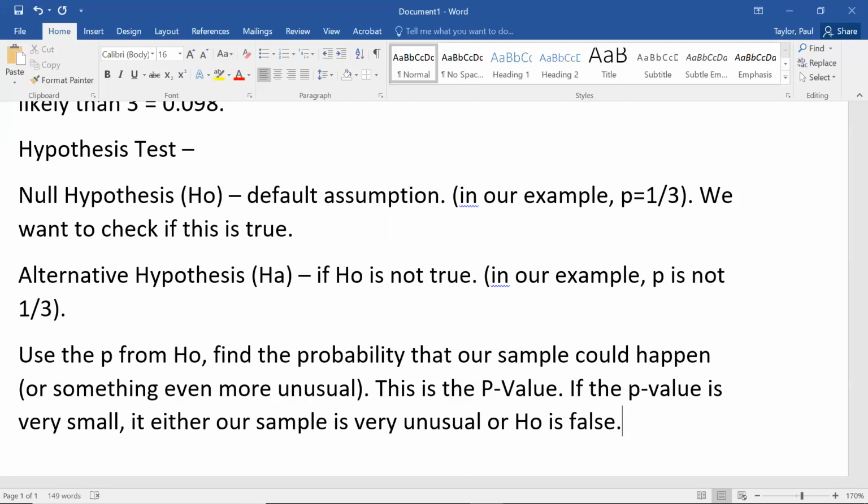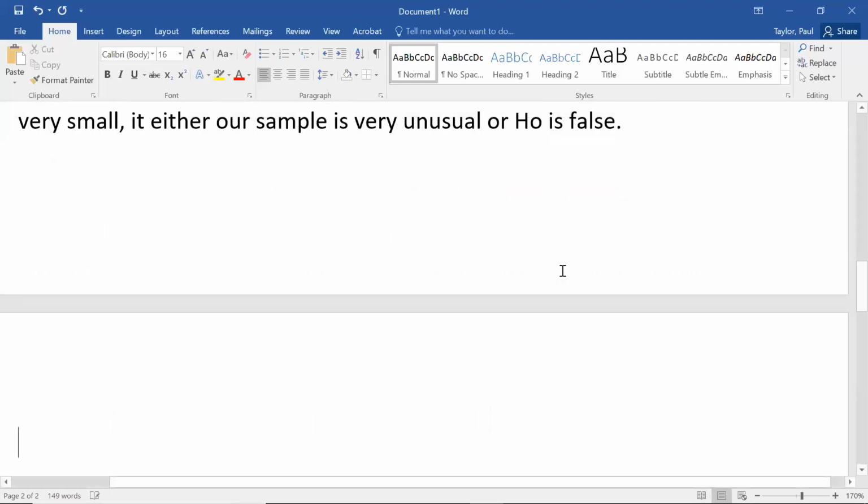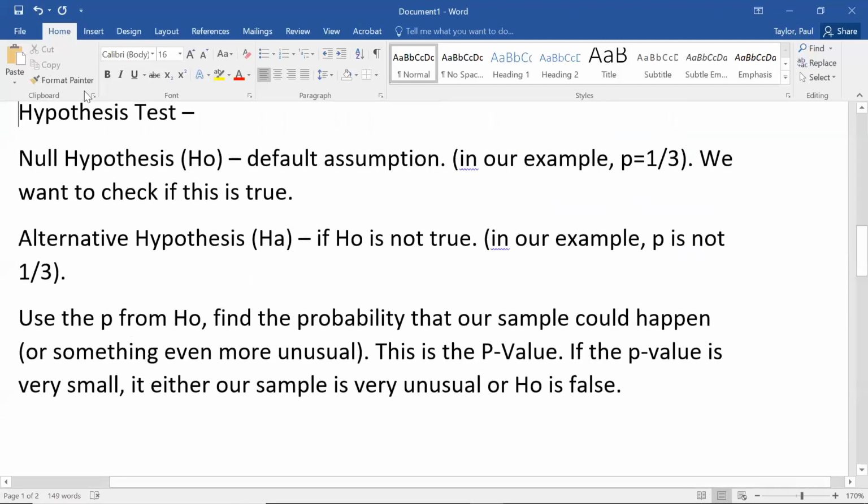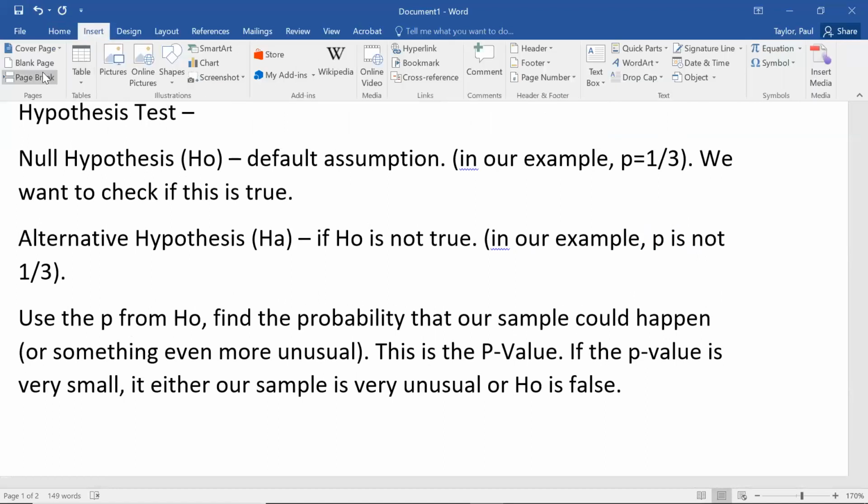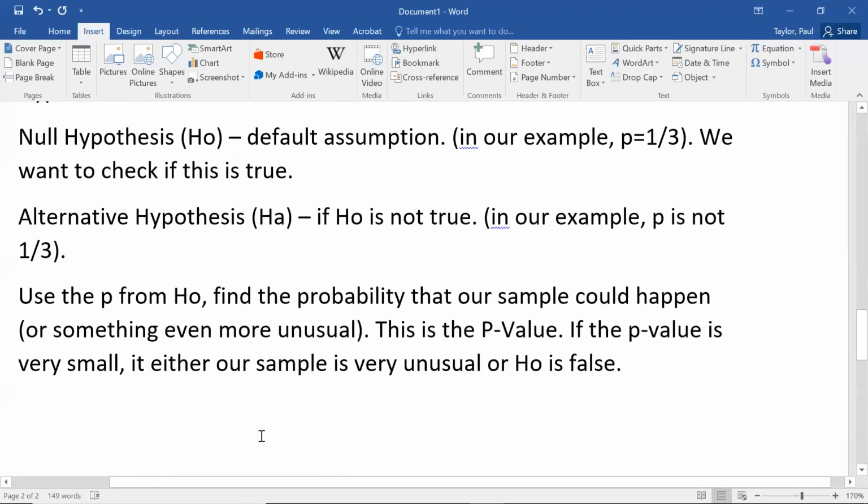The smaller the p-value is, the stronger the evidence we have that the null hypothesis is false. Okay, so that's the general idea of how a hypothesis test works. It doesn't prove anything. It just sort of provides evidence. You find your sample, you find the probability that that sample could happen. If that probability is very small, maybe you just hit that small probability and the null hypothesis is still true, but you have some evidence that maybe it's not true.